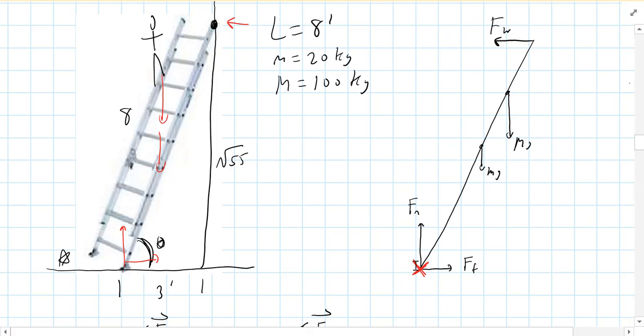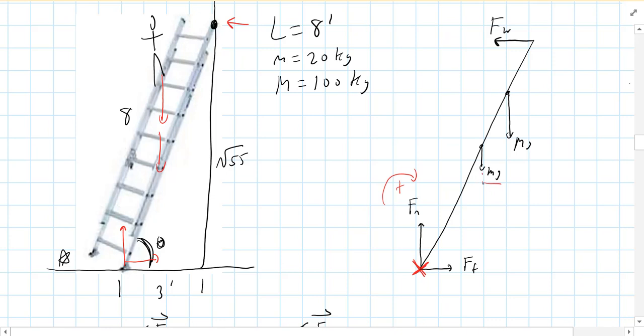So I will use clockwise as positive. And this is definitely one where using ratios and perpendicular lever arms just makes life so much easier. So for instance, let's start with the weight of the ladder. That's little mg.